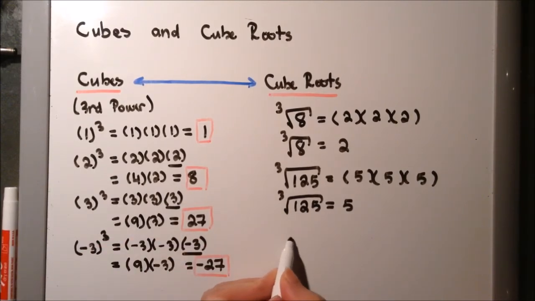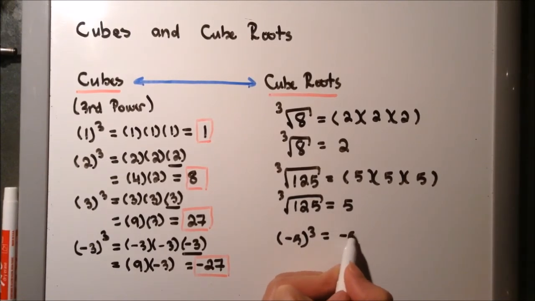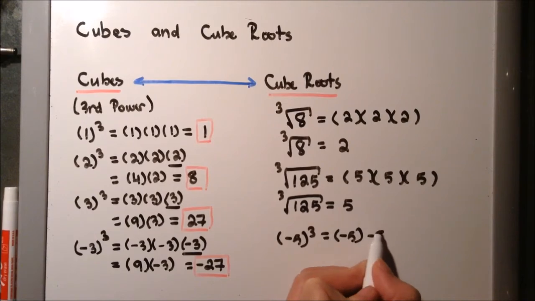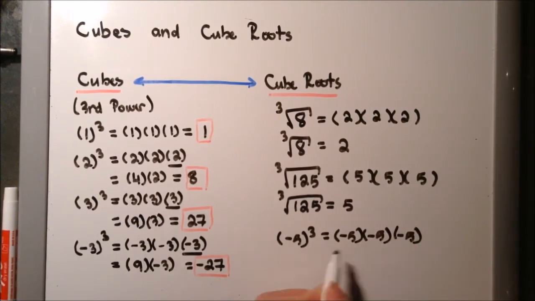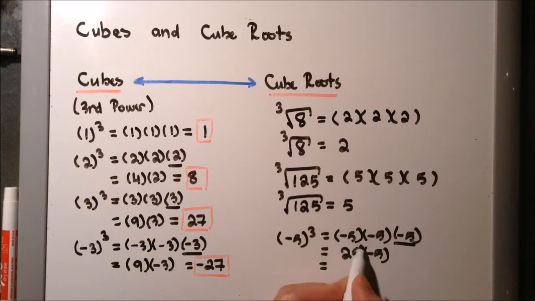let's do negative 5 to the third power. So negative 5 times negative 5 times negative 5. If I do this step by step, negative 5 times negative 5 will be a positive 25. And then I bring down the last negative 5. So 25 times negative 5 is negative 125.